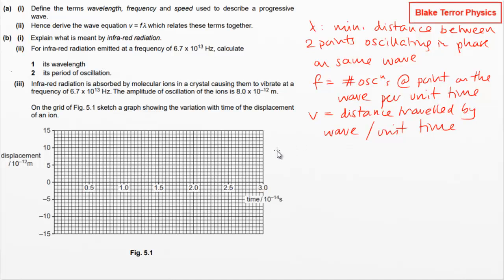So we can say, well, in 1 second, we get F waves produced, each of wavelength lambda.